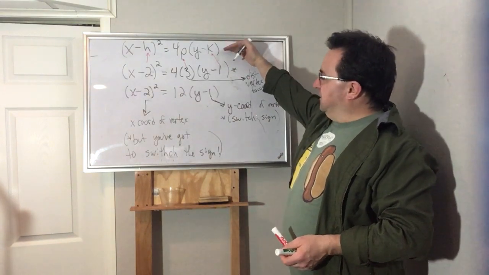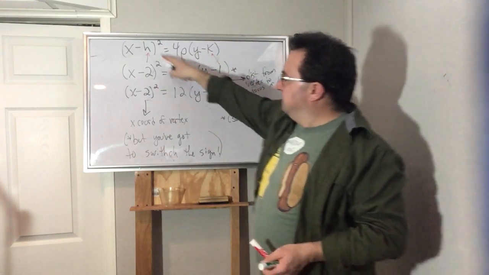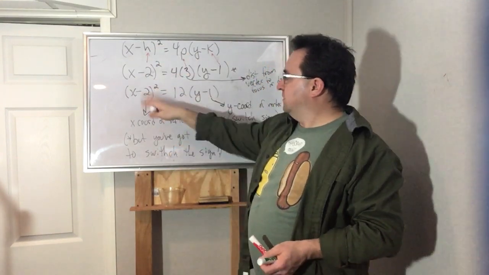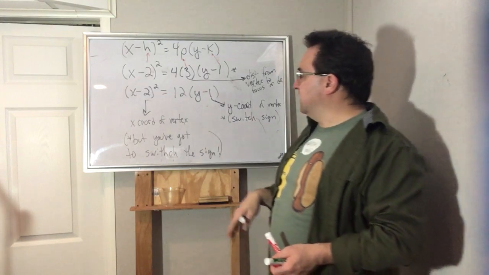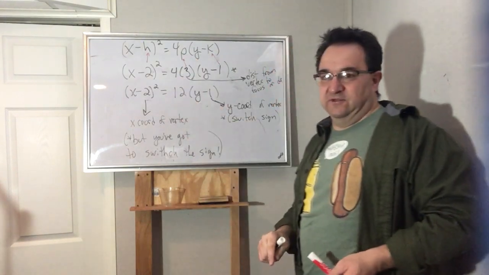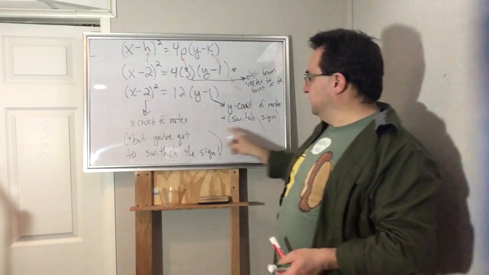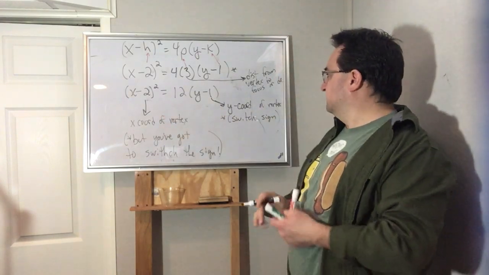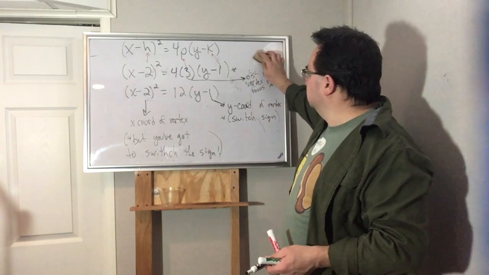So here's our equation. K is 1, H is 2. I'm not worried about the minuses right now. That P must have been 3 to give me a 12. And this is what all these things mean. So I got to erase the notes part.